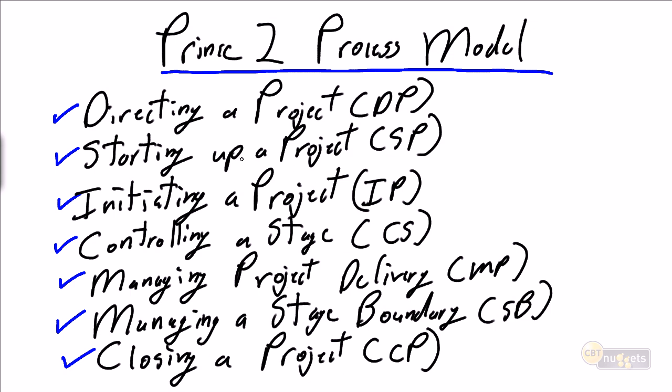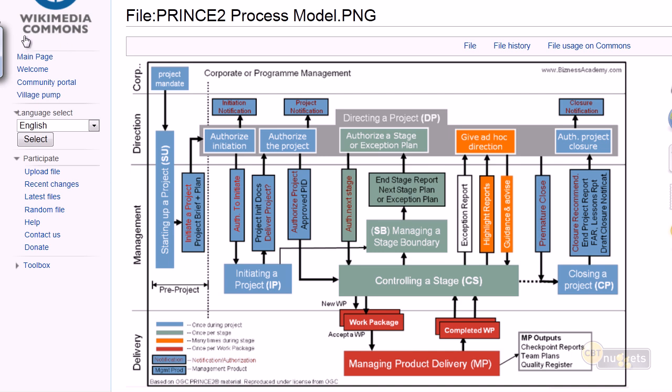And I think that's best described by going away from text and having a look at the picture of how these processes interact with each other. And here we have that process model. I've displayed the process model from Wikimedia Commons, and consistent with their reuse capabilities, full credit goes to www.bizacademy.com for making this graphic available to us in the public domain.